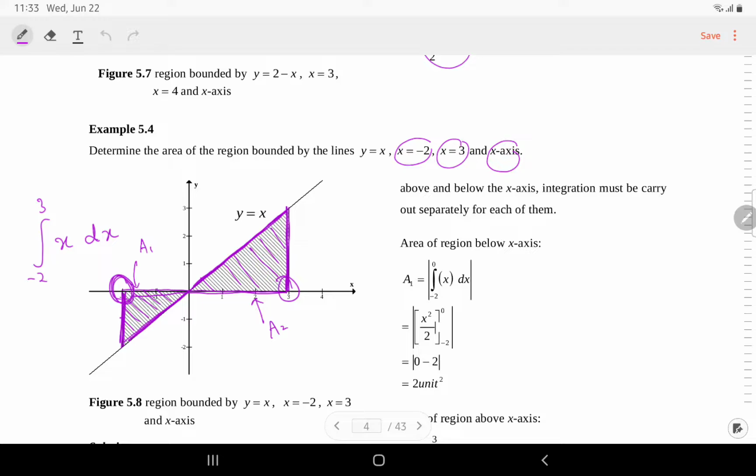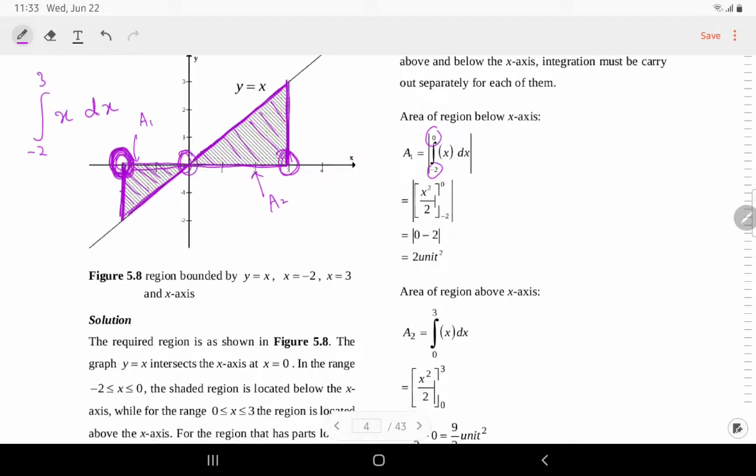First kali integrate daripada -2 until 0, and then second one integrate daripada 0 until 3. Sebab formula dia berlainan, so kita kena buat separately. Tak boleh terus direct integrate from -2 until 3, dia akan dapat jawapan lain.